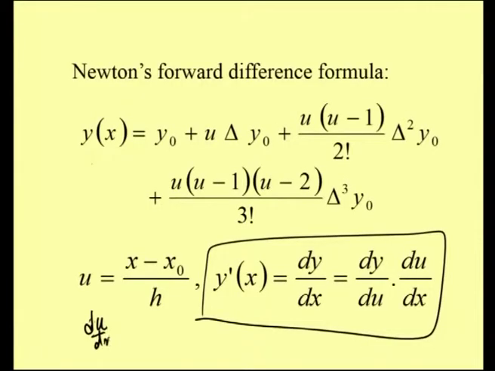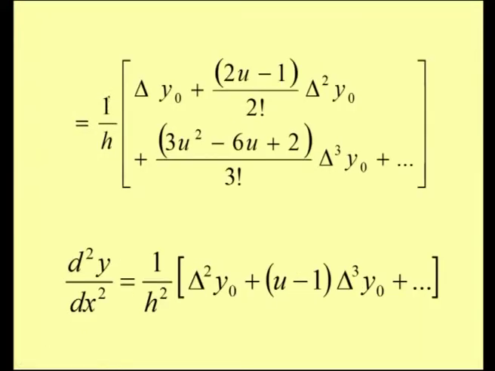You can see du by dx here is 1 by h, and this is differentiated as it is with respect to u. Differentiation of y naught is 0, differentiation of u del y naught is del y naught, and here it is u square minus u. So, 2u minus 1 divided by 2 factorial, like that it is differentiated, and this is particularly du by dx, and this is dy by du.